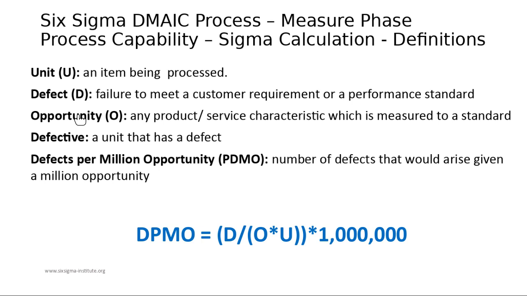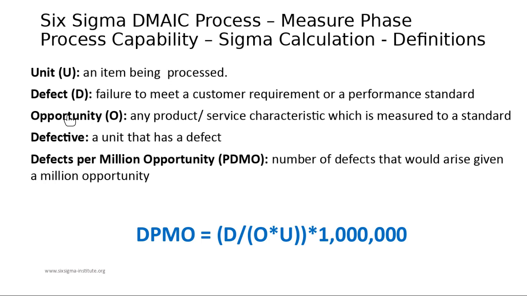The time, if it's exceeding 45 minutes, then the opportunity for the time is considered to be 1 opportunity. The delivery guy being polite is another opportunity. If we have the exact order, this is a 3rd opportunity, and the 4th one is the price. So we have 4 opportunities only for the pizza process from the customer point of view.